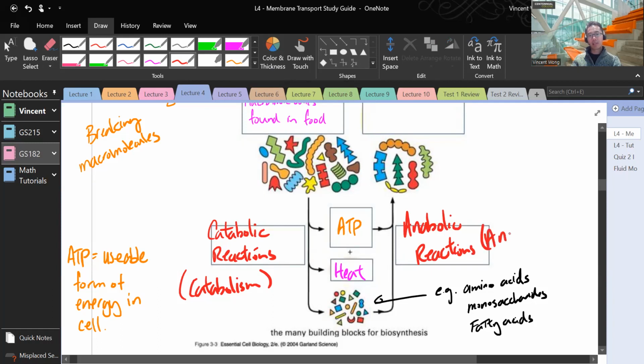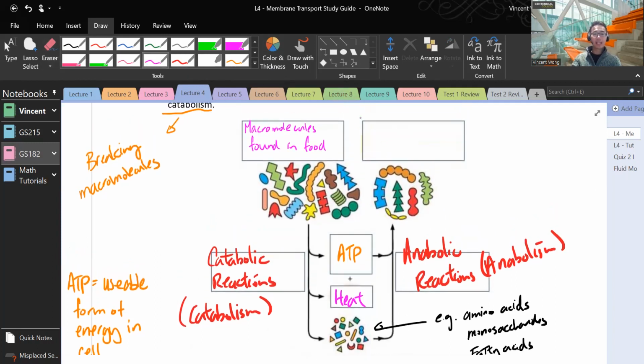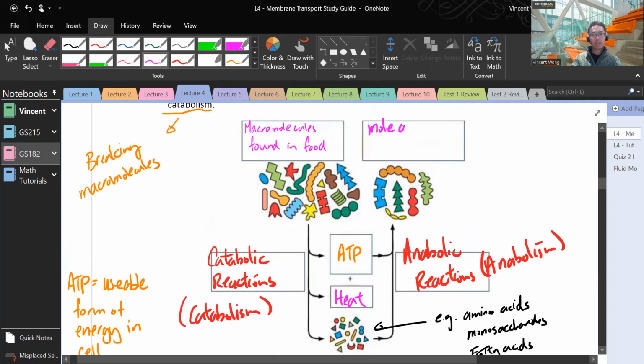Or anabolism. And finally, we will get molecules that are needed in the body. Okay. So again, for example, we might need to have some insulin, right? We might need to have some testosterone or something. So your body will take these things and build them. Right?